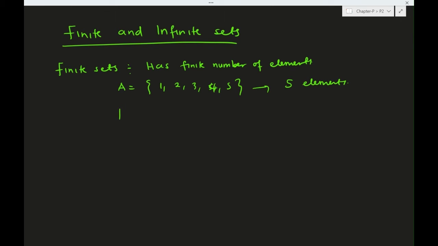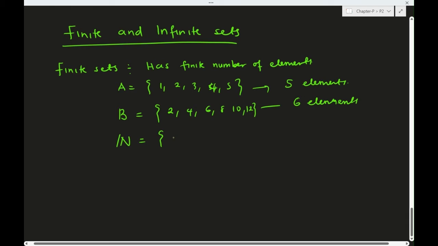And let's say you have another set which you can define as B. Let's say you have 2, 4, 6, 8, 10. This is also finite because it has 1, 2, 3, 4, 5. Let's even make it 12, so this has 6 elements. Now, let's see something.